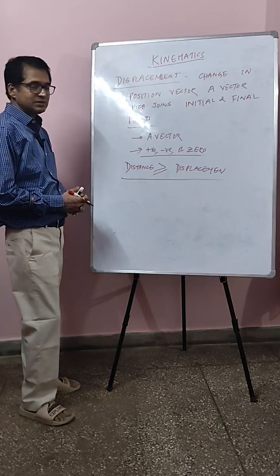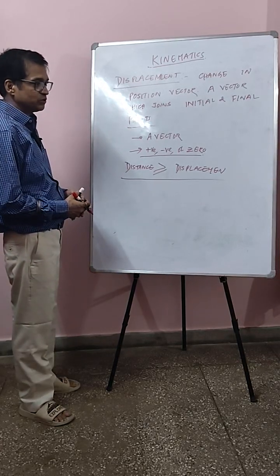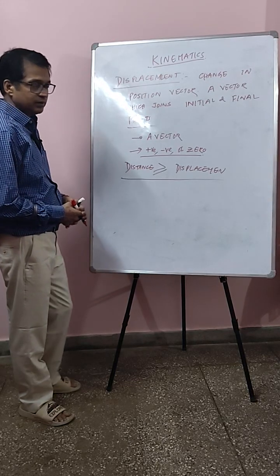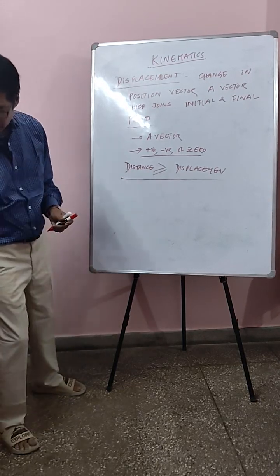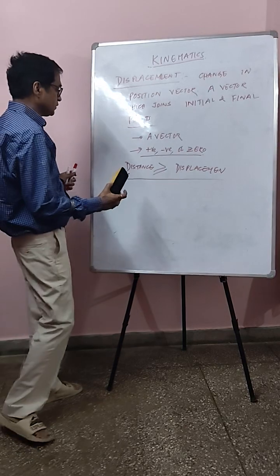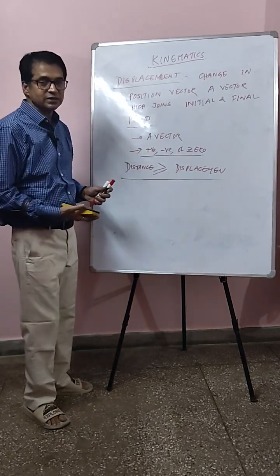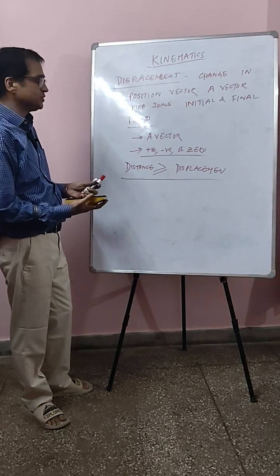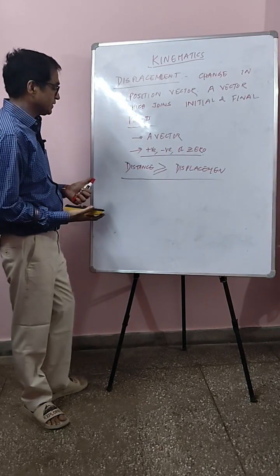Distance is total path length traveled, and displacement is a position vector that connects initial and final points. Distance is always greater than or equal to displacement. Displacement is a vector quantity which can be positive, negative, or zero.